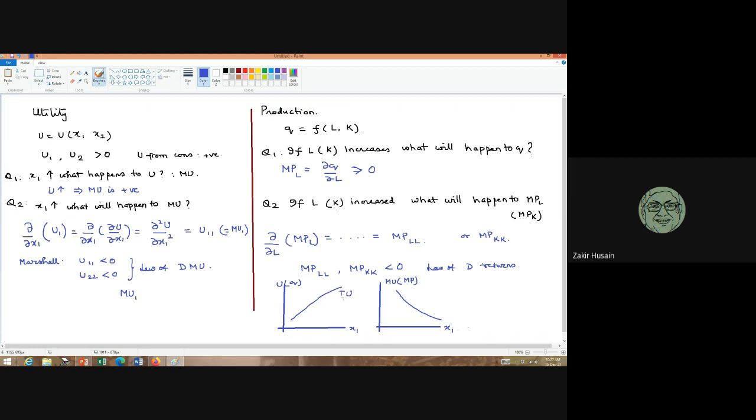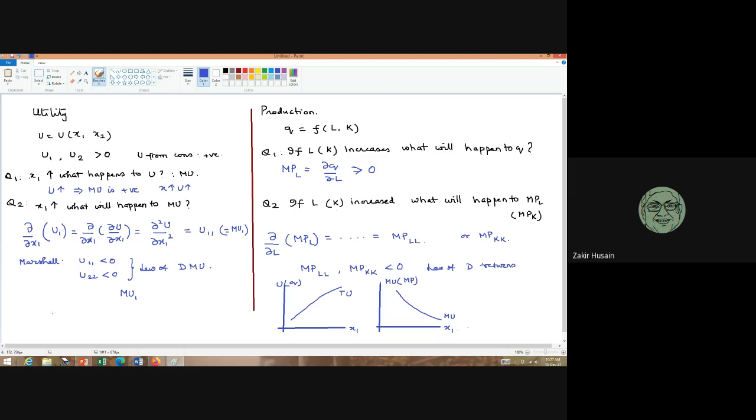So if you increase consumption, your total utility is going to go up. And this is marginal utility. Your marginal utility is going to come down. See over here, when X is going up, your utility is increasing, so the slope must be positive.